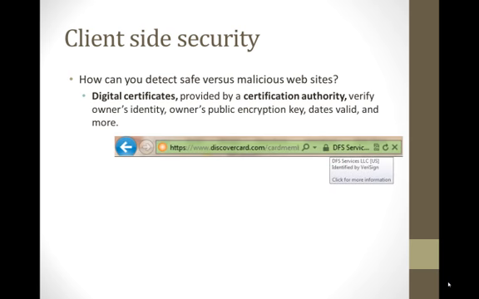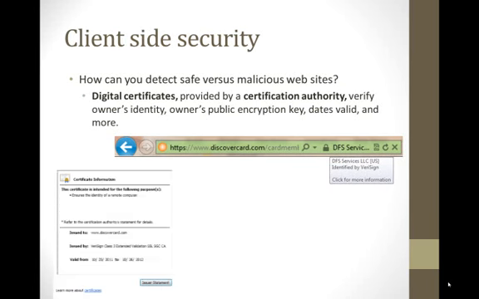So going back to our URL, you can see this as you look across. You'll see where it says DFS service. I put my mouse over this, and it showed a little box that popped up underneath it. It says identified by VeriSign. Click for more information. I click on it, and this is what it shows: the certificate information.